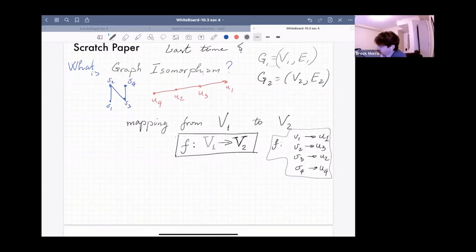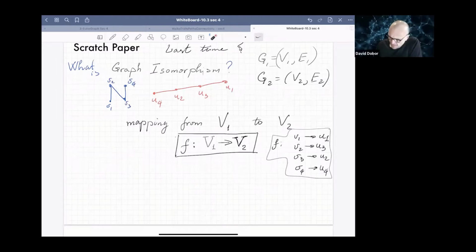So if I have two different elements here, for example, V1 and V3, they better map to two elements that are distinct also. They cannot both map to the same element. For example, the x squared function is not one-to-one because -3 and +3 both map to 9.